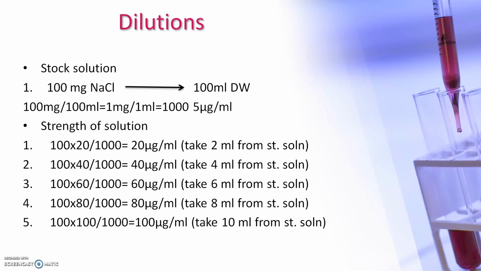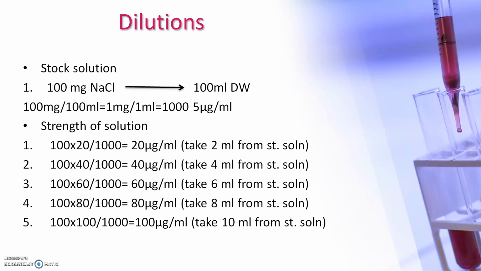So this is the process for the dilution. First of all we prepare the stock solution: 100 mg of NaCl dissolved in 100 ml of distilled water. It forms a 1 mg per ml solution, or 1000 microgram per ml solution, which is the stock solution. We use this solution for the further preparation of dilutions. The strength of the solutions becomes 20, 40, 60, 80, up to 100 microgram per ml as per the procedure.